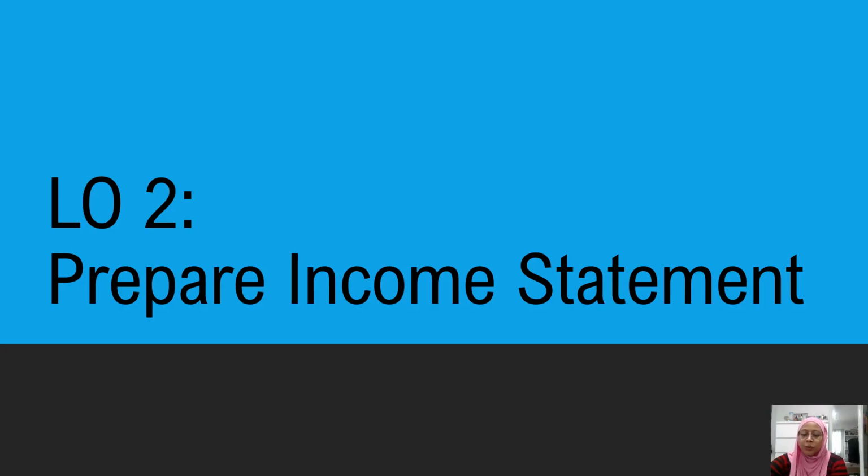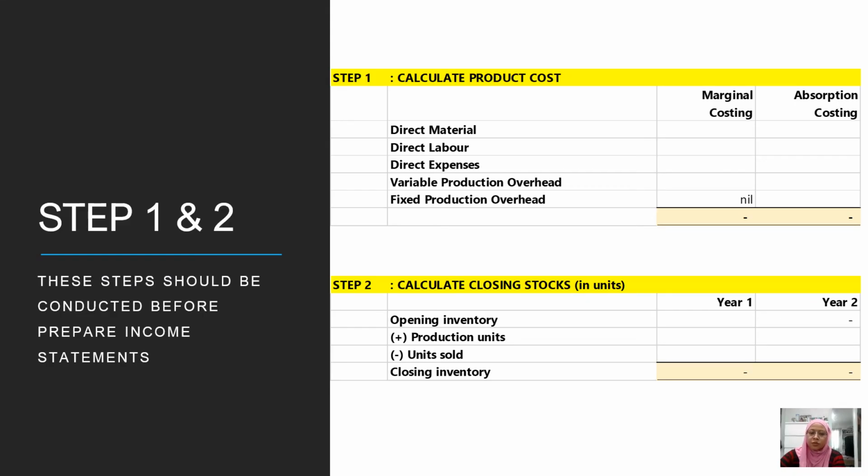Next part, you will learn how to prepare income statement using both types of costing technique. So first step, you have to calculate the product cost using both techniques. Okay, marginal, always remember fixed cost will be excluded, and absorption costing will include all.